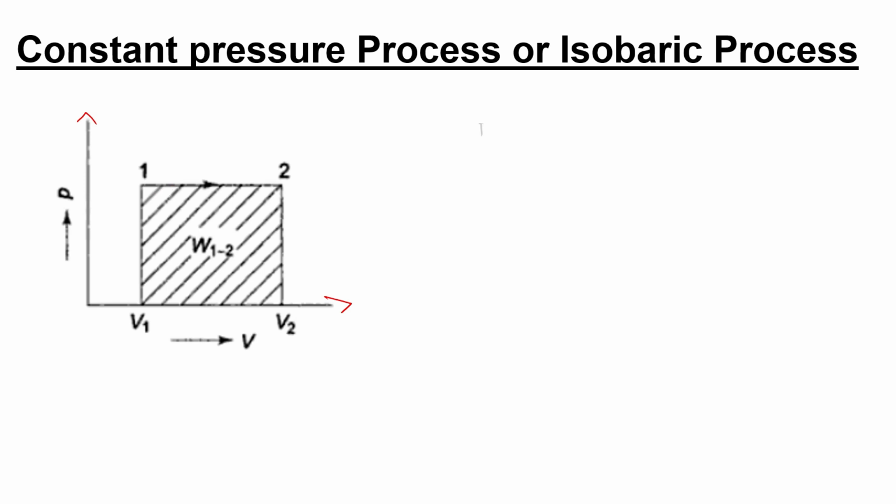We have seen the formula, that is the PDV work. If this process is quasi-static, then you can use this expression to calculate the work done. Since pressure is constant, you can write W12 as P into V2 minus V1. That is pressure into the final volume minus initial volume, because pressure is constant.